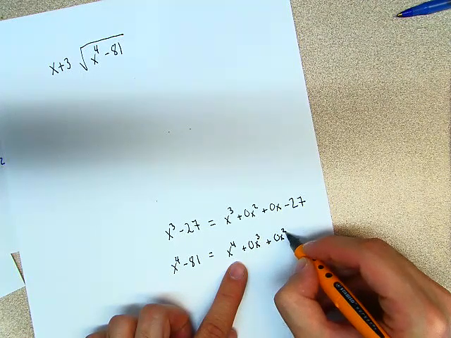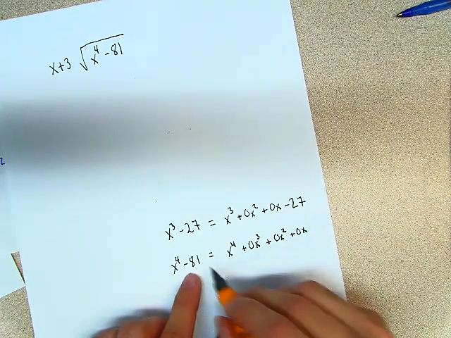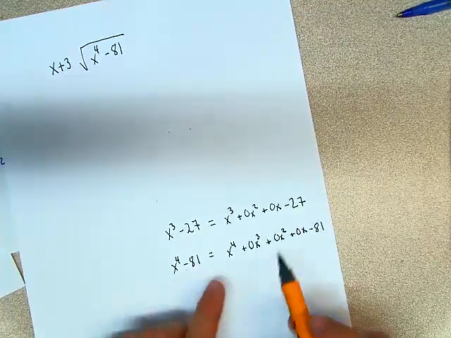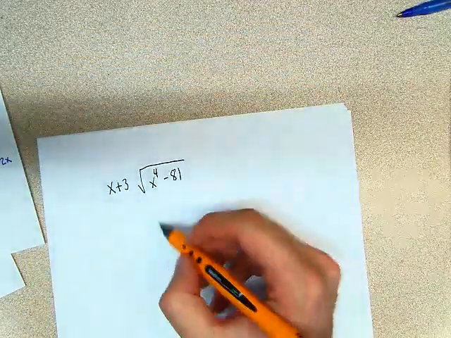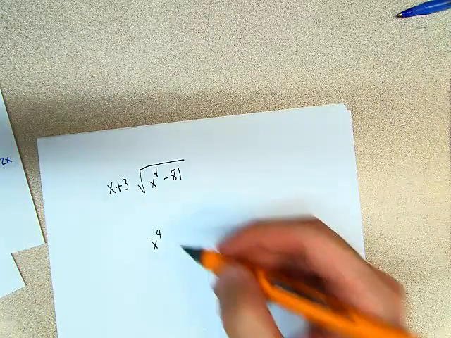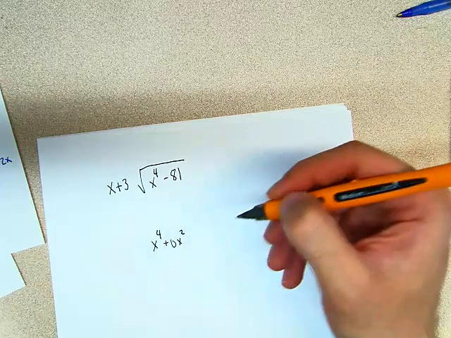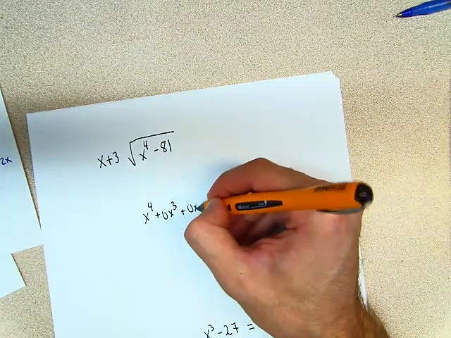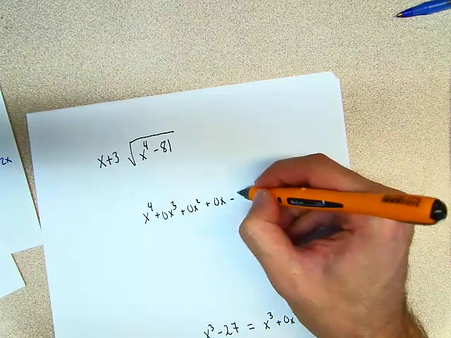Plus 0x squared plus 0x to the 1. And then you have minus 81. Okay? So this will be our new setup: x to the 4th plus 0x cubed plus 0x squared plus 0x minus 81.